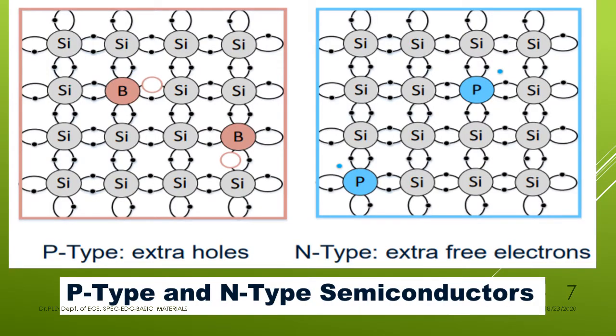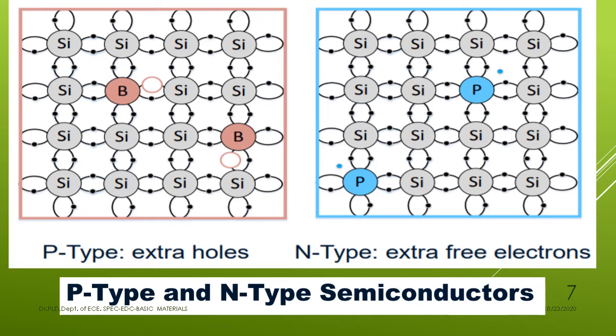Let us see how the extra holes are generated in P type. The 3 valence electrons form covalent bonds, and one more vacant place of that electron we consider a hole. These are the hole representations. Once bonded, there is no chance of any free electrons appearing. The vacant places are considered free charge carriers, which are holes here.